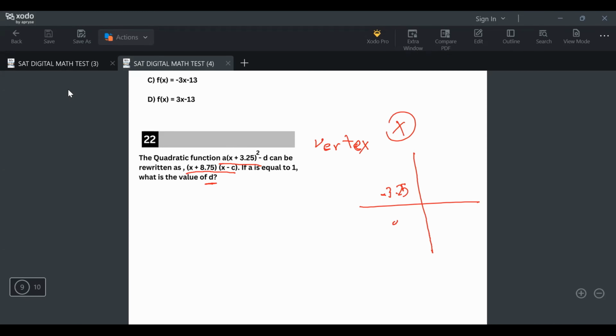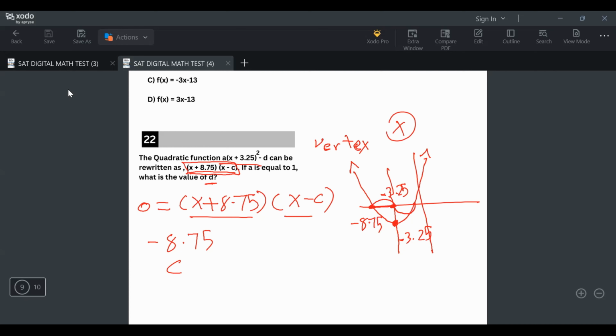But anyway, we don't know the value of c yet. Let's see how it will be. We know that this one here is equal to negative 8.75. And since the vertex point splits the parabola into two equal parts, the distance between this point and the vertex point is equal to the same distance between the vertex and the other solution.